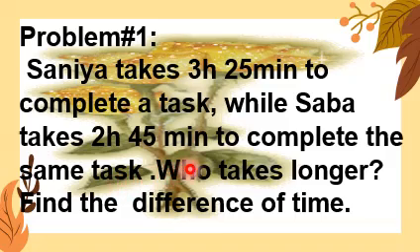Now we have to find who takes longer, meaning who takes more time to complete the task, and find the difference of the time. Now we have to find the difference of the time taken by Sania and Sabha.